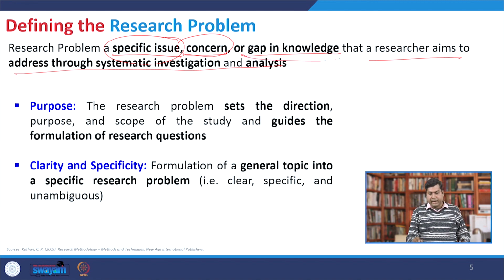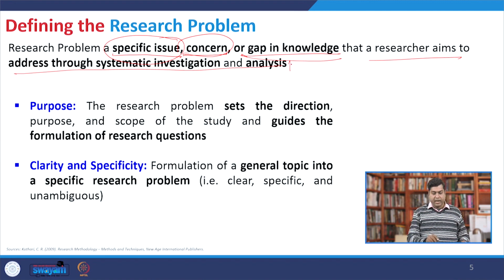Or it may be a gap: based on the literature or the currently available solutions, you are not getting anything to solve the problem. Even with parking related issues, the existing strategies are not working. So for that there is a gap, and we have to investigate more to find out what the right solution should be.